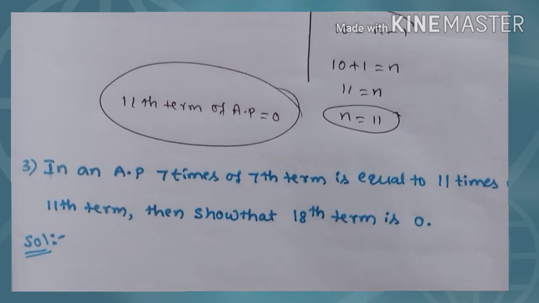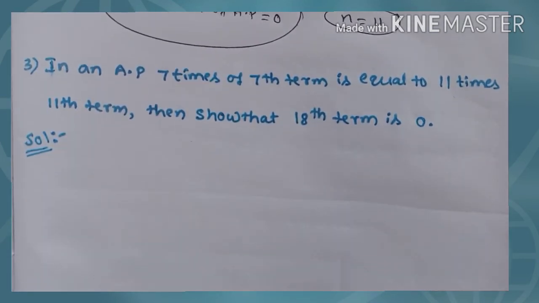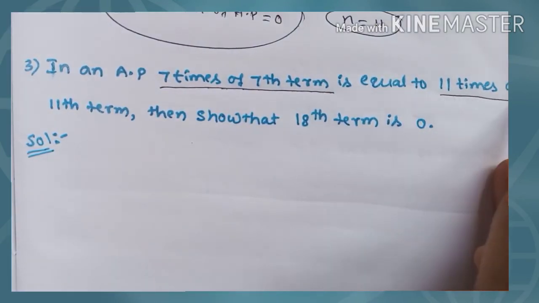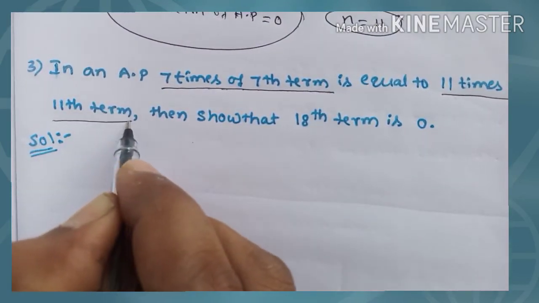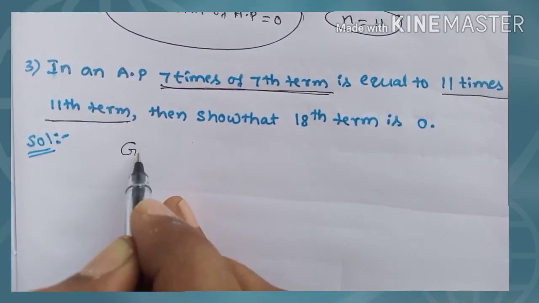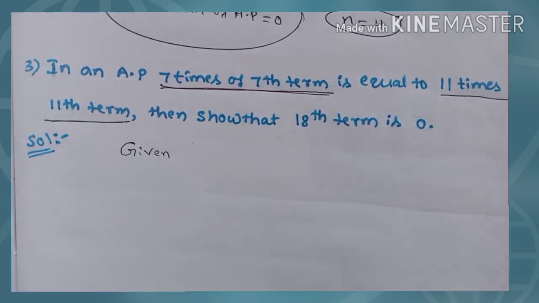Well, the next problem. In an AP, 7 times the 7th term is equal to 11 times the 11th term. This is the statement given.